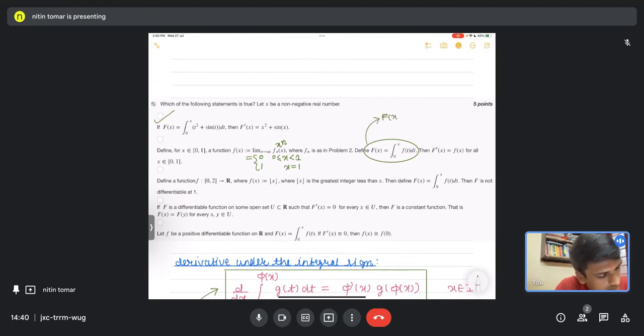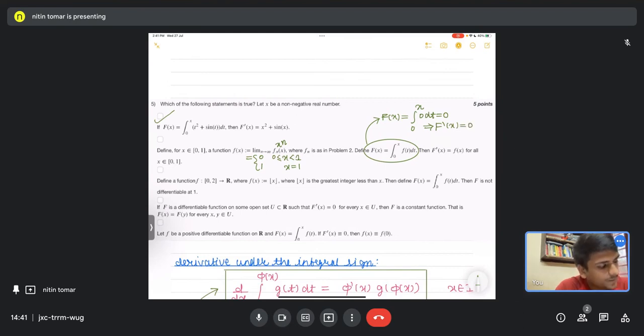for any x, even 0 or 1, because this small f is 0 except at the point 1, and Riemann integration does not change by changing the values at finitely many points. So this small f of t can be replaced by the zero function itself. So this value will be 0. This implies that capital F prime x is 0.